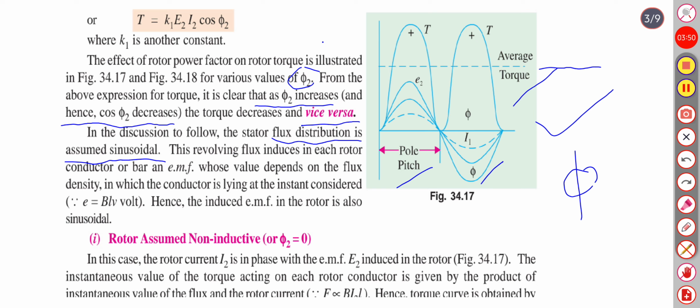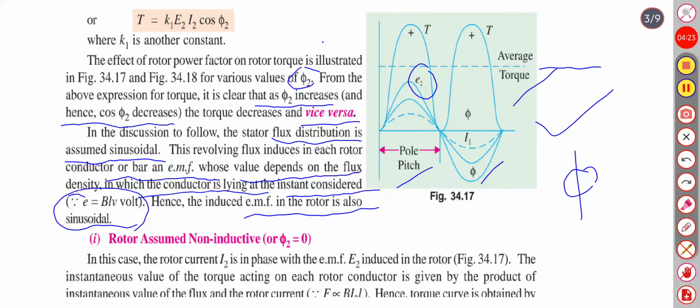The revolving flux induces in each rotor conductor or bar an EMF whose value depends on the flux density in which the rotor conductor is lying at the instant considered, B L V volt. Hence the induced EMF in the rotor is also sinusoidal. So this is the waveform of induced EMF.